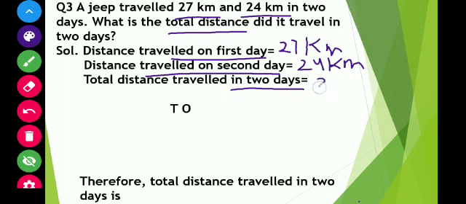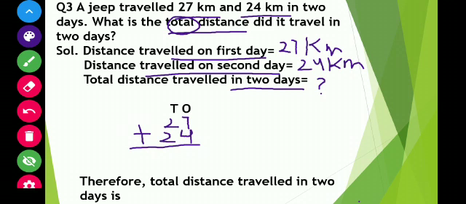So we will put a question mark over here till we find the answer. Now with the help of this word, total is coming again. Total means you have to add the two given numbers. The first number is 27 and the second number is 24. We will add these numbers because total has been asked.